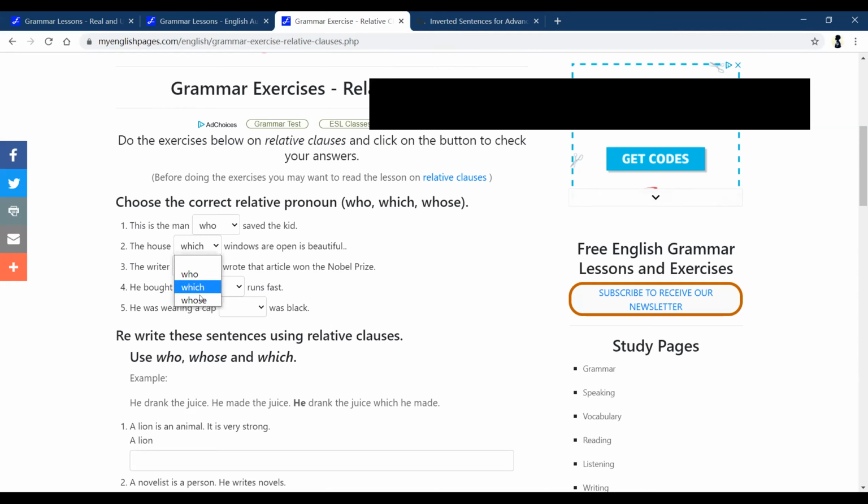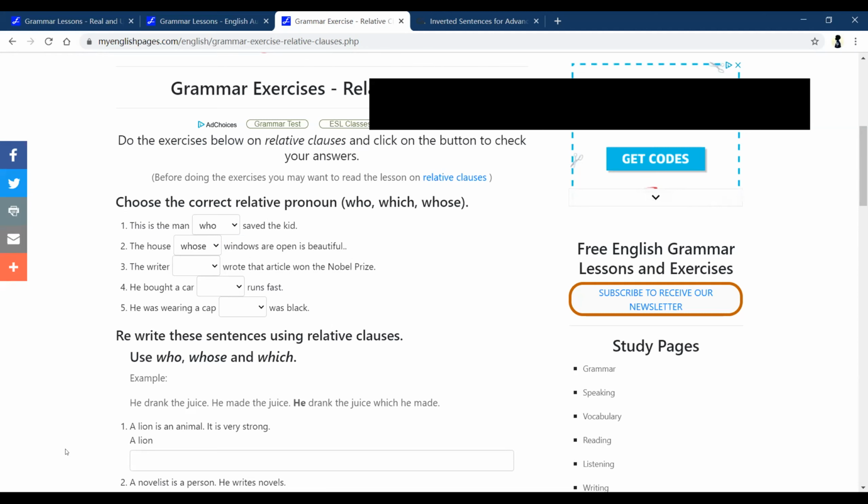So there's only one choice left, which is "whose". The house whose windows are open is beautiful. If you consider that the windows belong to the house, it makes sense. So you can use "whose" here.